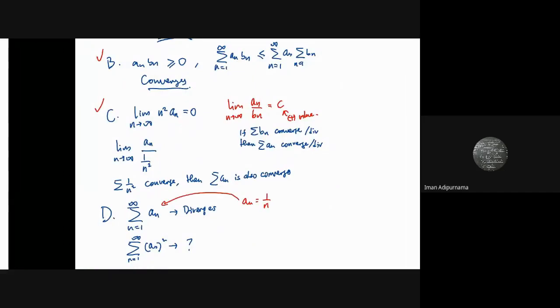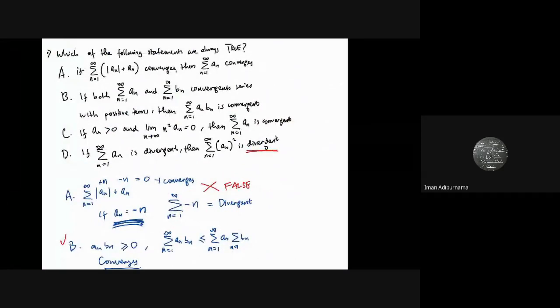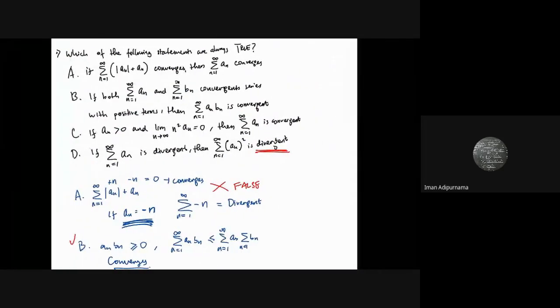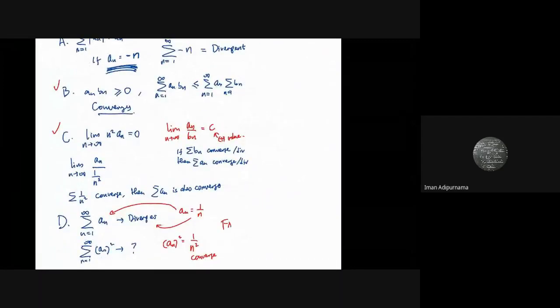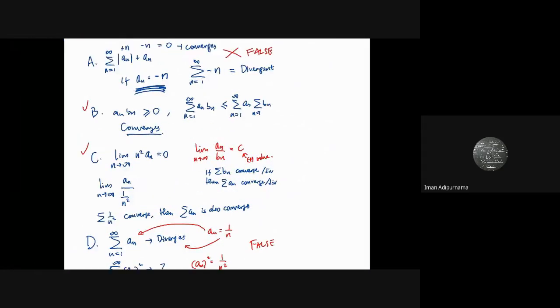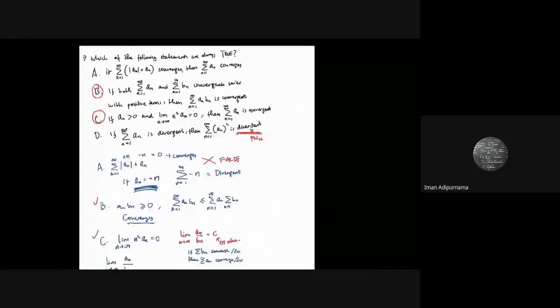Well, this is true. It's divergent, right? But when you square it, it becomes 1 over n squared, which is convergent, right? So this is not always true. So it's false. So D is false. So the ones that stay true are B and C.